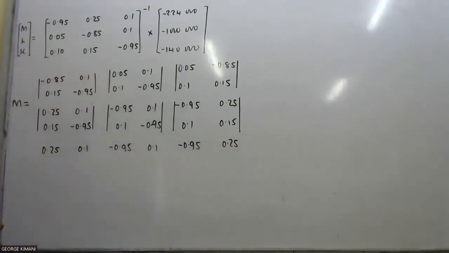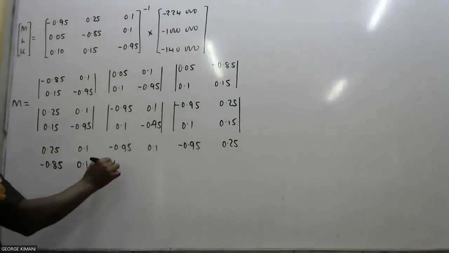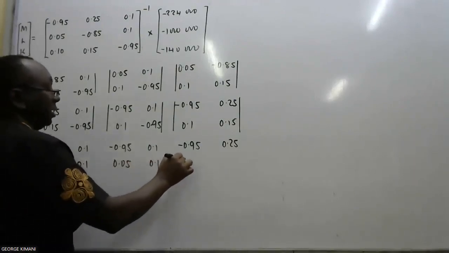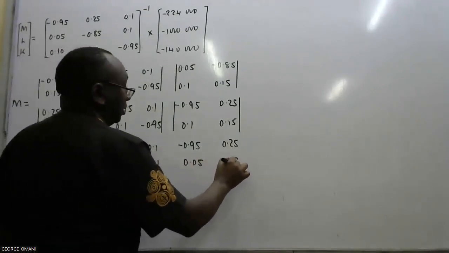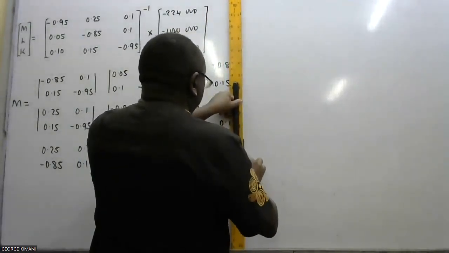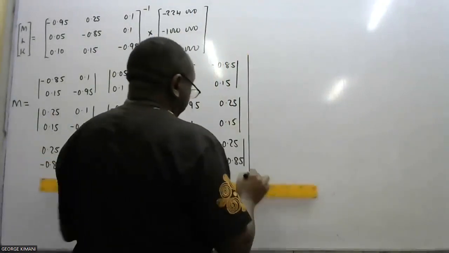And then I know here, kwanza hapa, itakuwa ya mwisho hapa. So I just copy, minus 0.85, 0.1, 0.05, 0.1, 0.05, and minus 0.85. Does not take a lot of time.